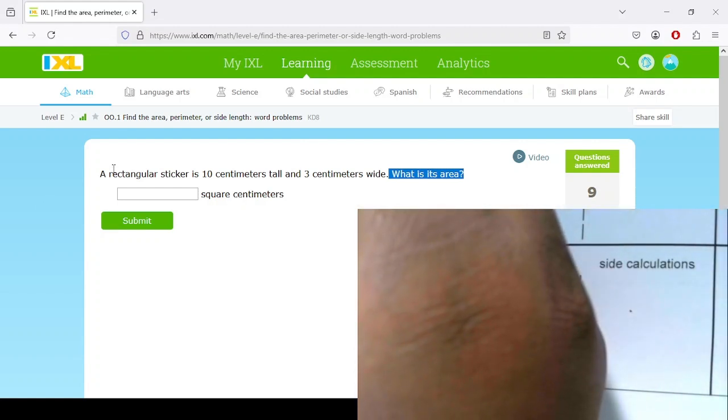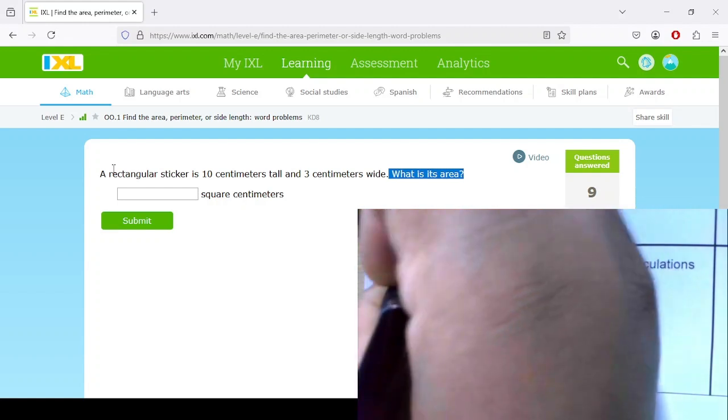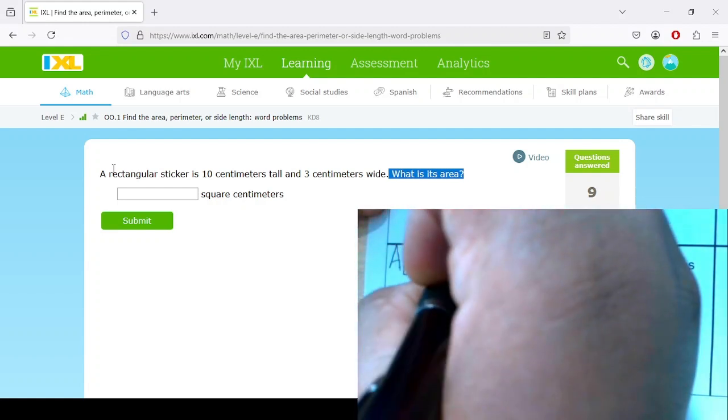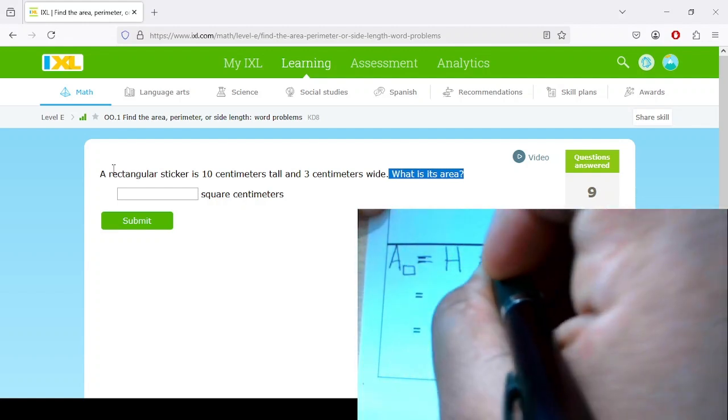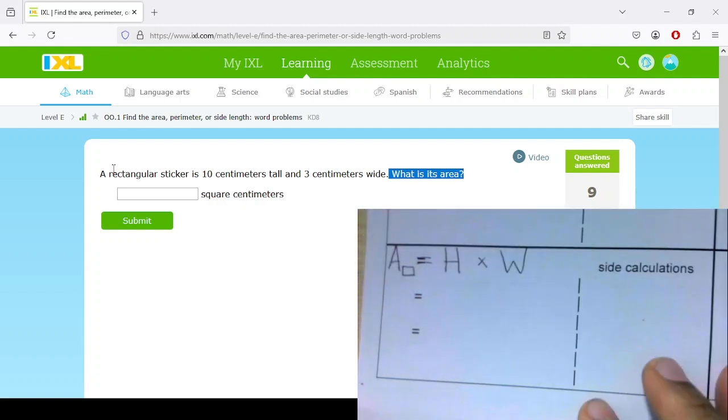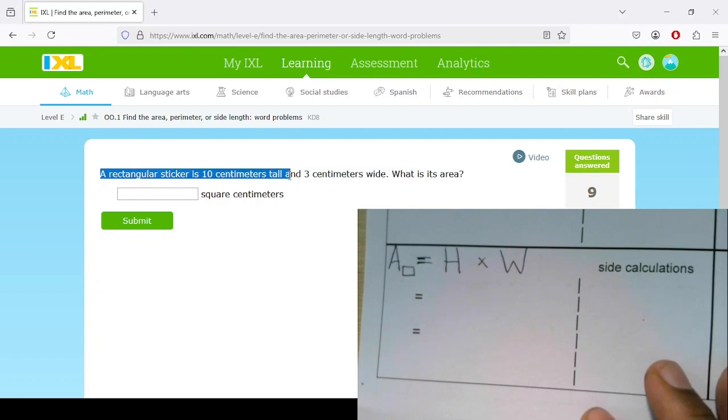The area of a rectangle is calculated by multiplying the height dimension by the width dimension. Now I'm going to read for information. A rectangular sticker is 10 centimeters tall and 3 centimeters wide. Oh no, I don't want to do this example. We've already done one just like this.